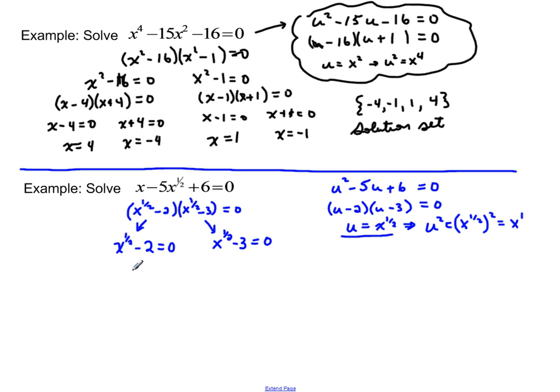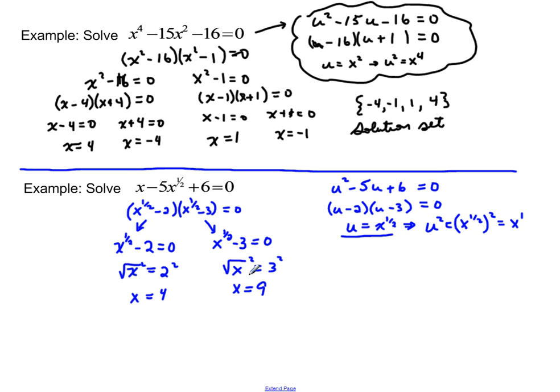We're going to add 2 to both sides, treating it as the square root means that we square both sides and come up with x equals 4. And if we add 3 to both sides, treat x to the 1/2 as the square root of x, we get square root of x equals 3, and squaring both sides reveals x equals 9.